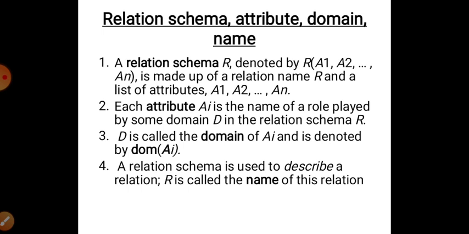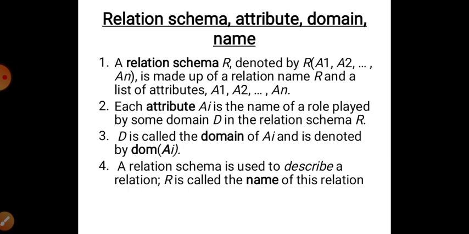Point number 2. Each attribute Ai is the name of the role played by some domain D in the relation schema R. Point number 3. D is called the domain of Ai and is denoted by dom(Ai).